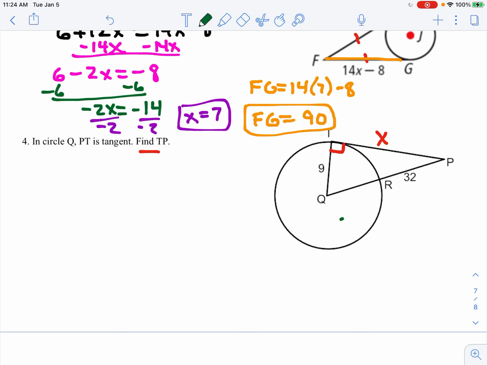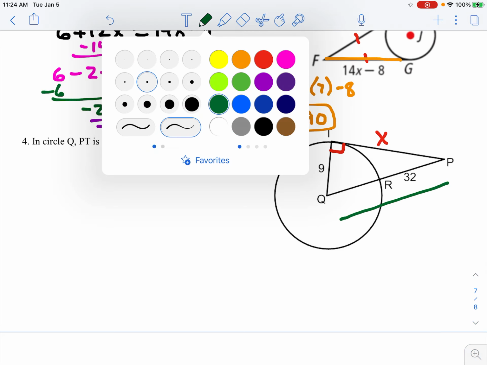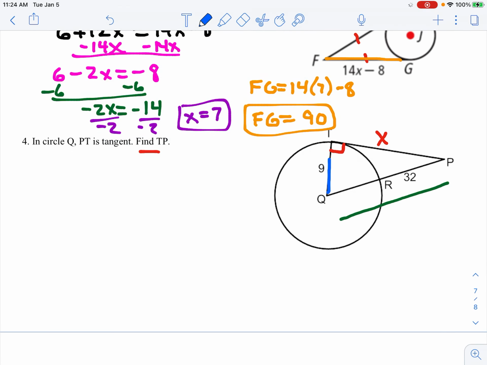Before I can set this up, I need to know what this whole side equals. Well, they tell us in this picture that this right here is 9, the radius. So that means from here to here has to be the same because it's a radius, so that is 9. So the whole length of this, if I do 9 plus 32, I get 41 for this side.